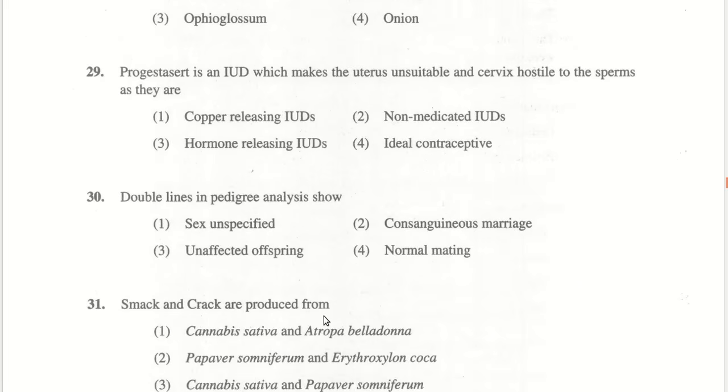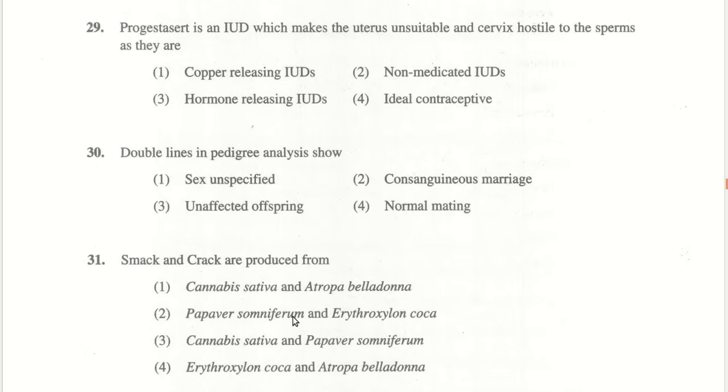Smack and crack are produced from Papaver somnifera, which we call smack, and Erythroxylum coca, which is called crack.